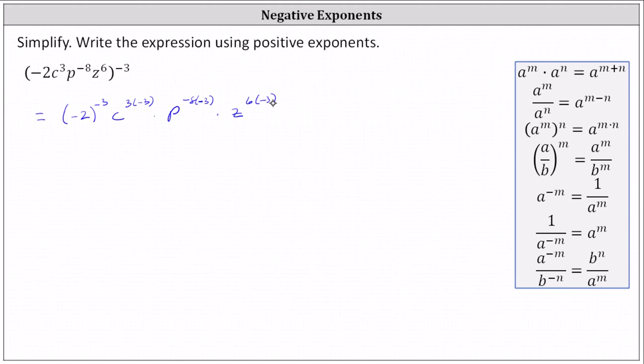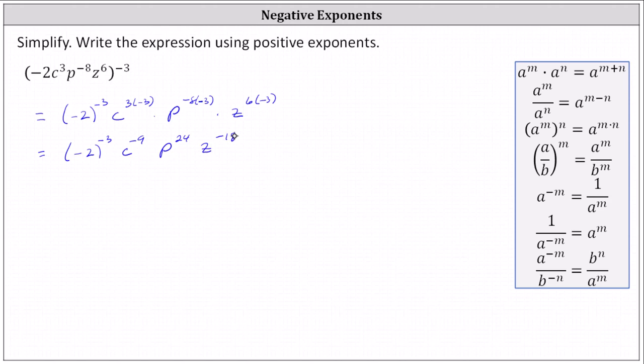Now to determine the products, we have negative 2 raised to the power of negative 3, c to the power of negative 9, p to the power of positive 24, and z to the power of negative 18.